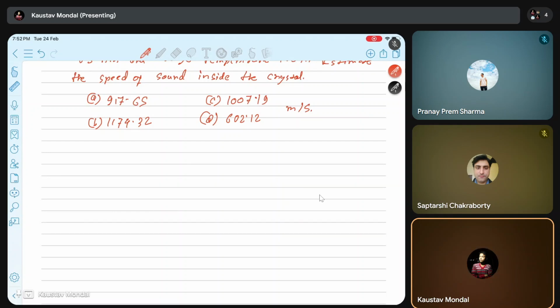Okay, so you can take CL equal to CT. This is due to the symmetry of the problem. This approximation we have taken into account.